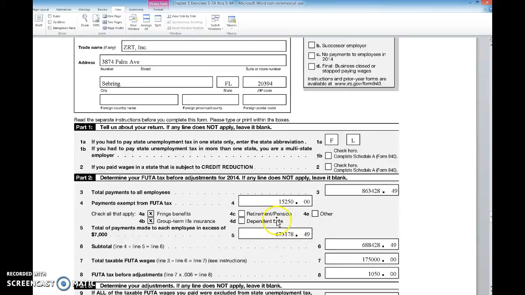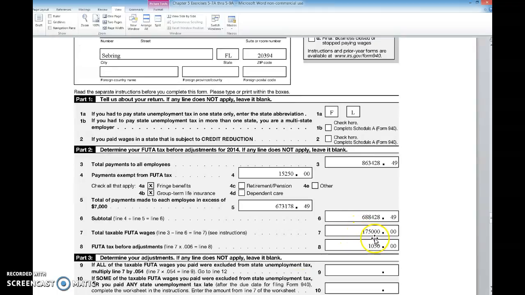Remember, these are the wages that, once they go past the $7,000, are not subject to FUTA tax. We need to add line 4 and line 5 to give us $688,428.49. Total taxable FUTA wages, in this case, is $175,000.